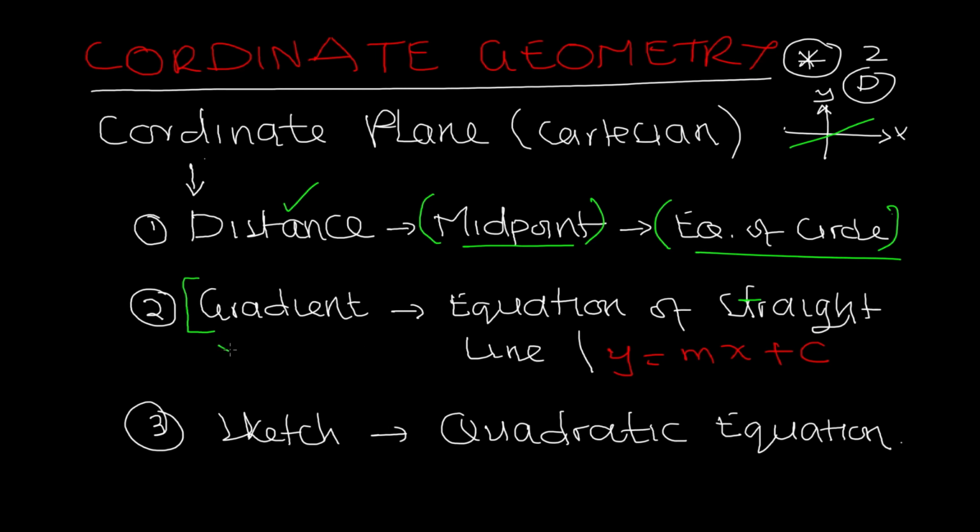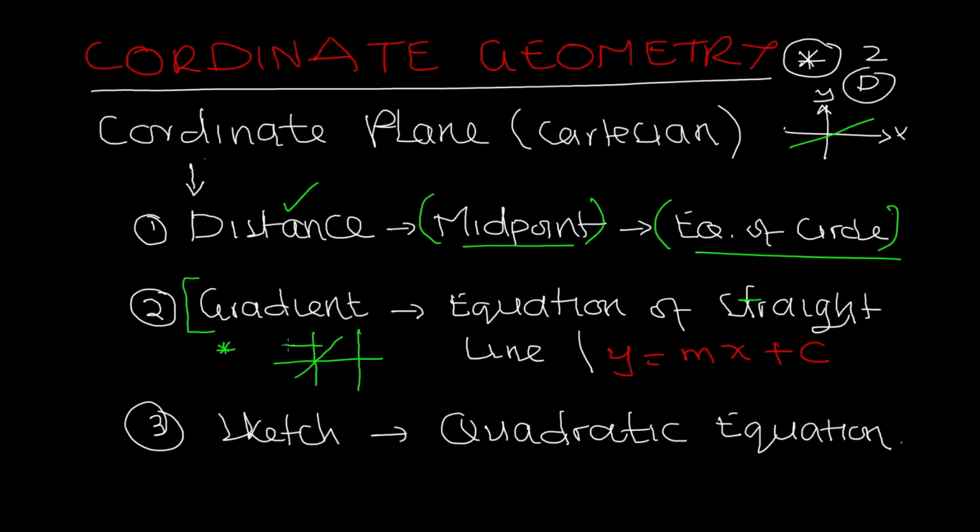So basically, the gradient is the change in y against the change in x. It will tell you how much there is a variation in y compared to the variation in x. For example, if I've got a line like this, x is not changing whilst y is changing.